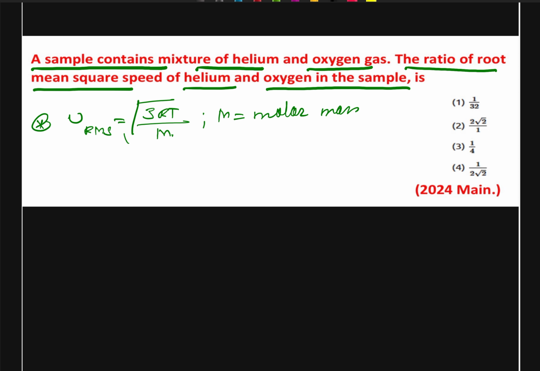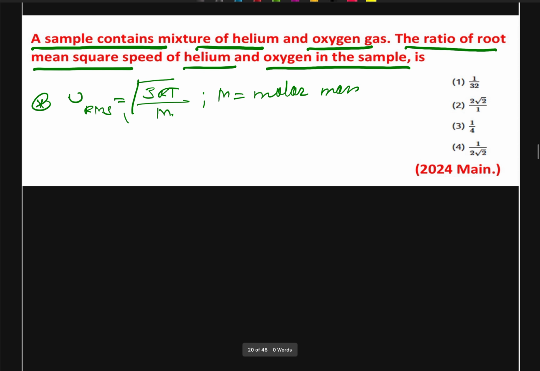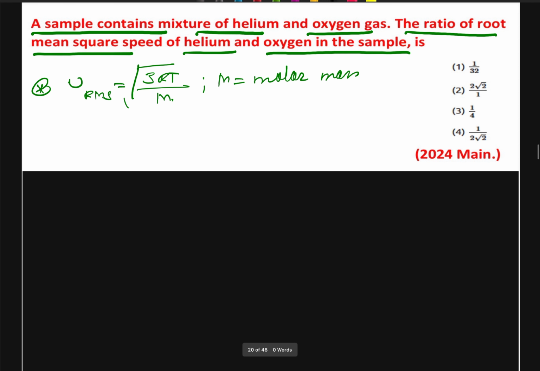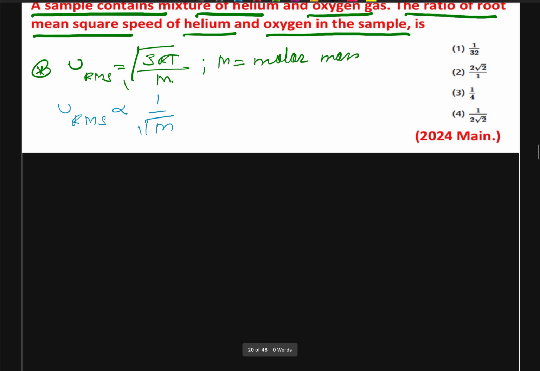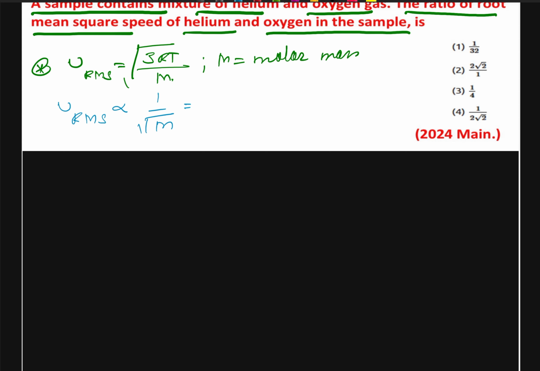So we have two gases, one is helium, the other one is oxygen, and from this particular equation we can also write that V_RMS will be proportional to 1 upon square root of molar mass, because this 3RT will be constant for helium as well as oxygen. Therefore, we can write this as a ratio.